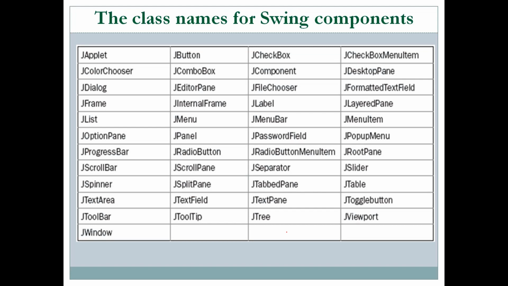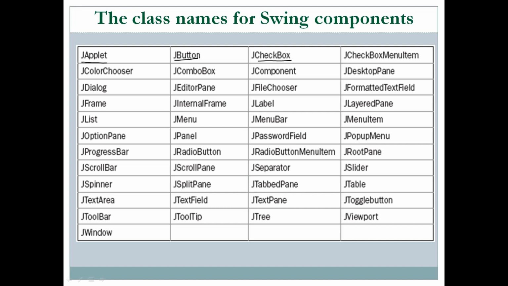Okay, these are some of the component classes in Java Swing. For example, we have the JApplet, JButton, JCheckbox. The names, if you look, are similar to the AWT component classes. In AWT we had Applet, Button, Checkbox. Here we have JApplet, JButton, JCheckbox.